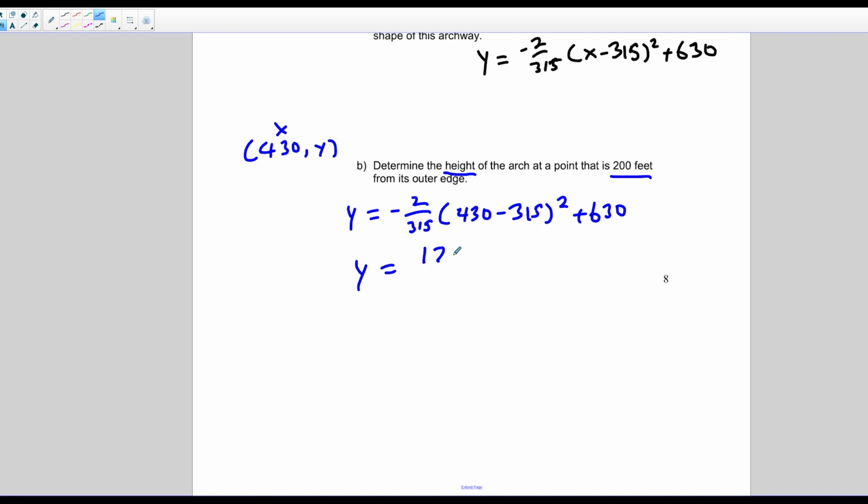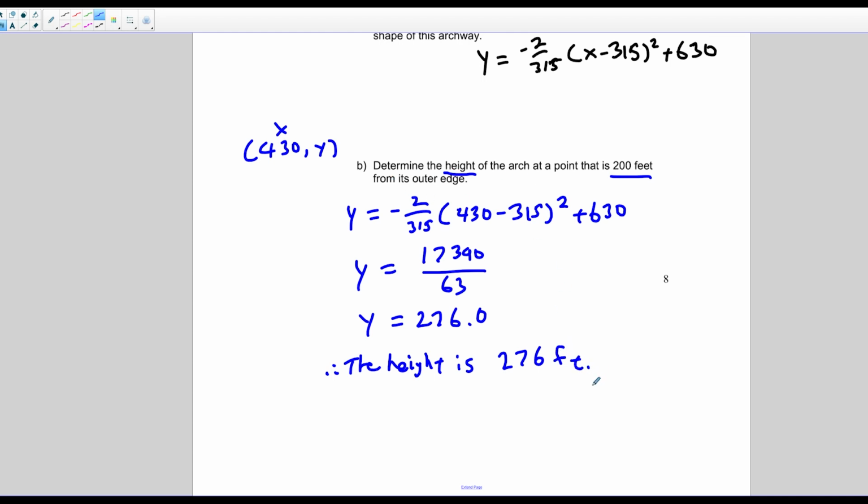We end up getting 17,390 over 63, which gives us a grand total of 276.0 when we round it. So therefore, the height is 276. It doesn't say in tenths, but 276 feet.